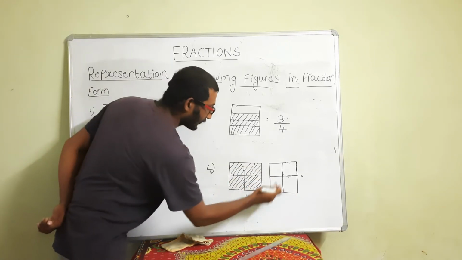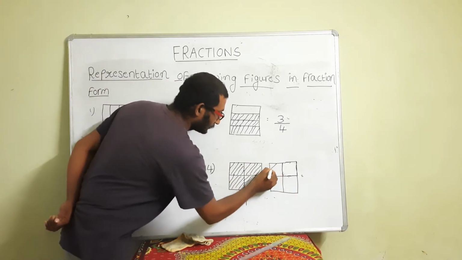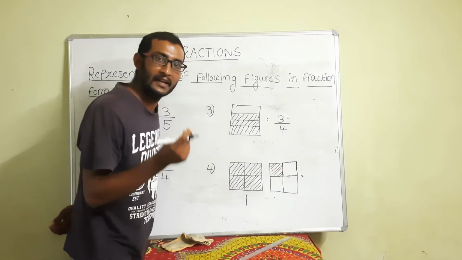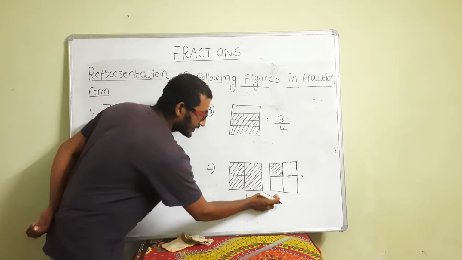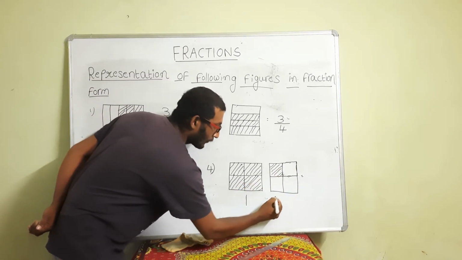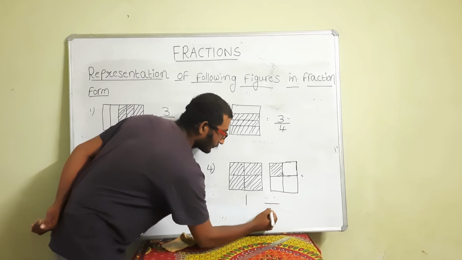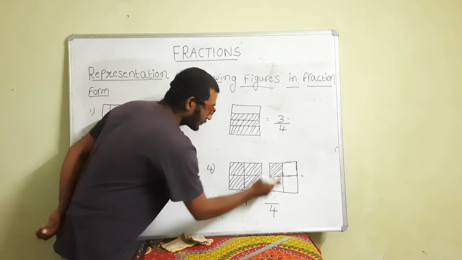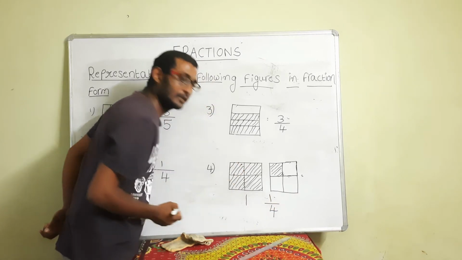So in the second figure, only one part of the cake is taken. In the second figure, the cake is divided into how many parts? 4 parts. In 4 parts, how many parts have you taken? 1 part.